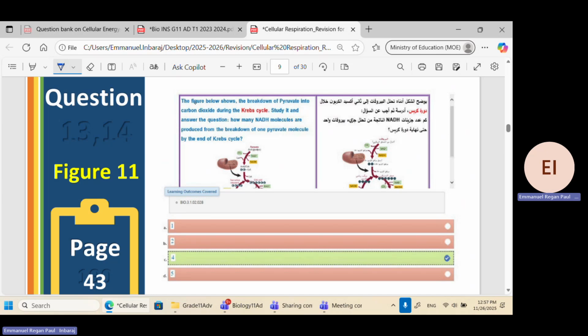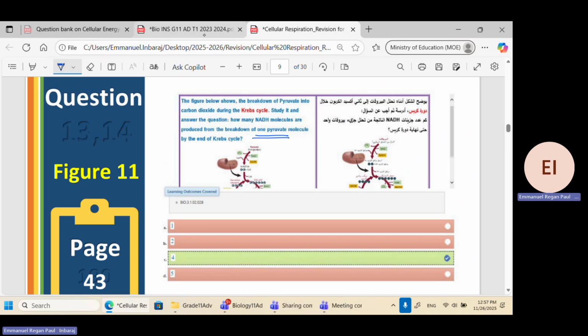The figure below shows the breakdown of pyruvate. Study it and answer the question. How many NADH molecules are produced by the breakdown of one pyruvate molecule at the end of the Krebs cycle?